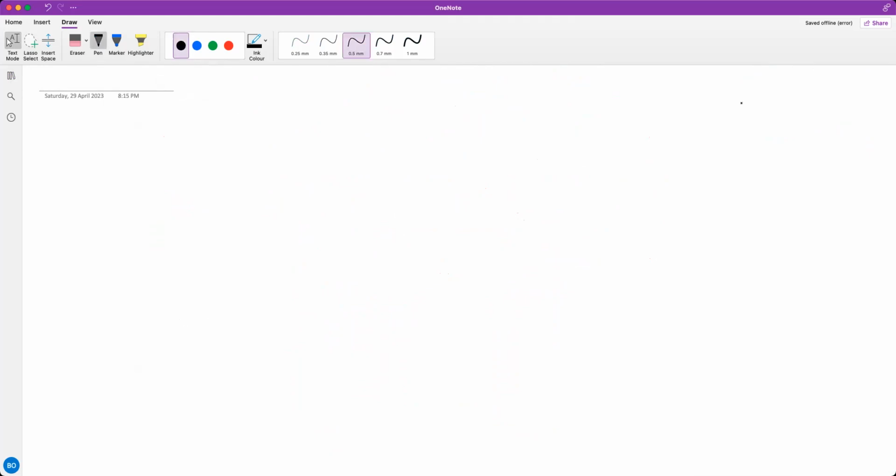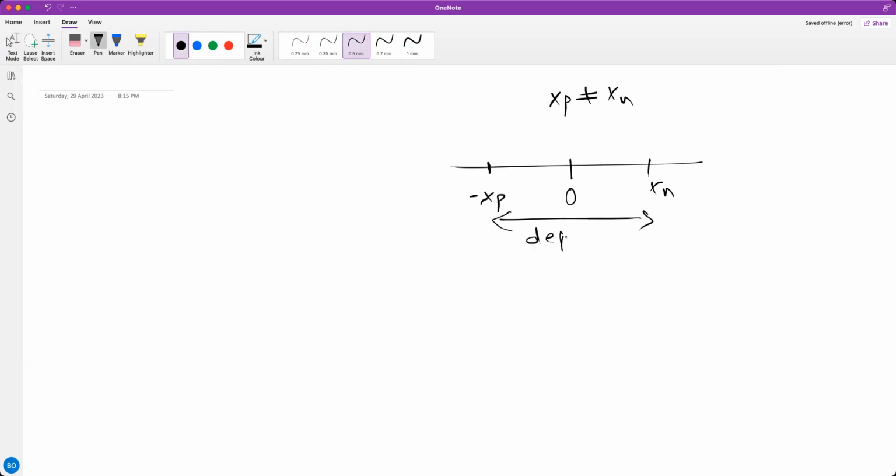Let's start from the following. This is the PN junction. This is 0, this is minus XP, and this is XN. In general, XP is different from XN, and we will see why. This is the width of the depletion region.